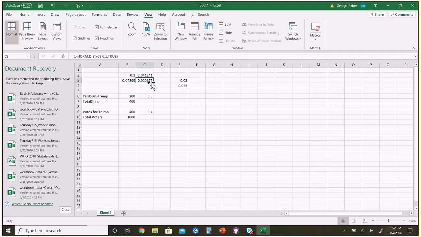Is this number greater than that number? Yeah. So it really doesn't matter in this case whether we're doing a one-tailed or a two-tailed test.